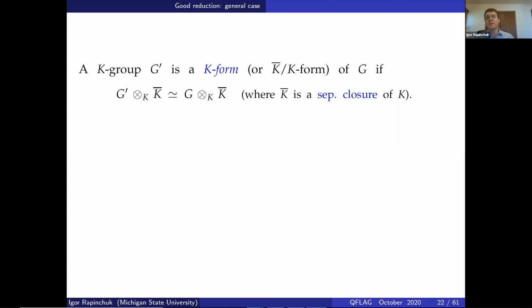Of course, for linear algebraic groups, it doesn't really make much sense to classify groups according to dimension, since we can have radically different groups of the same dimension. So instead, it's far more natural to look at groups which become isomorphic over a separable closure of our field of definition. Namely, if we have a group G defined over K, a group G prime is called a K-form of G if the two groups become isomorphic over a separable closure.